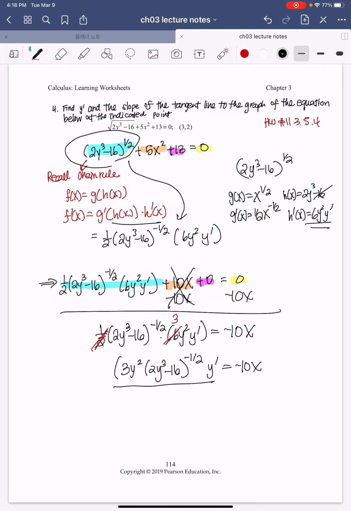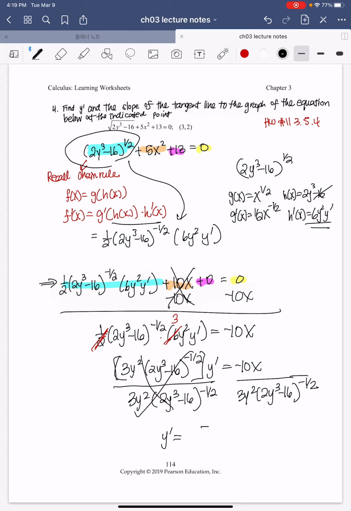So divide this whole thing, 3y squared (2y cubed minus 16) raised to negative half, on both sides. So y prime ends up being negative 10x over 3y squared times (2y cubed minus 16) to the negative half.